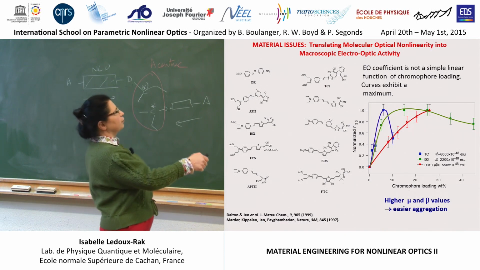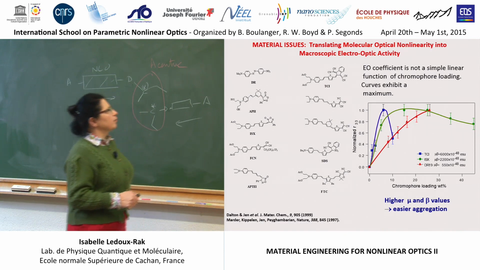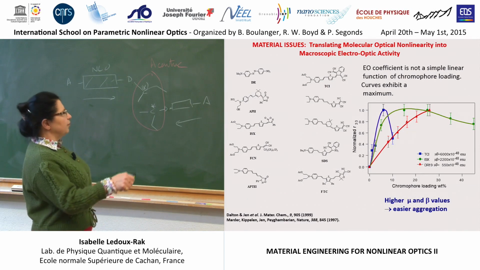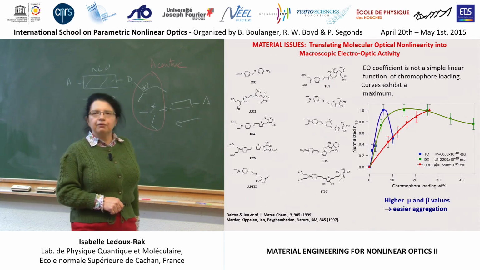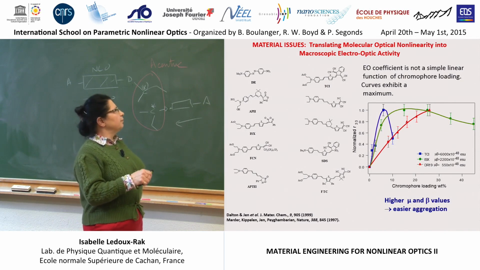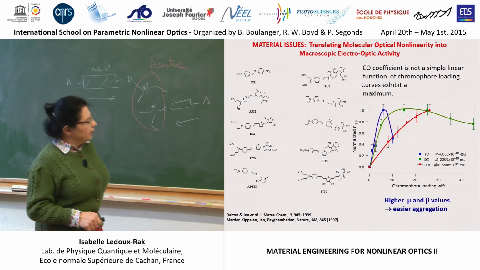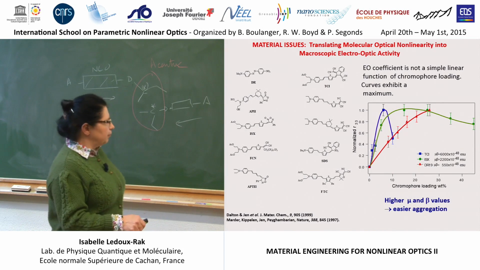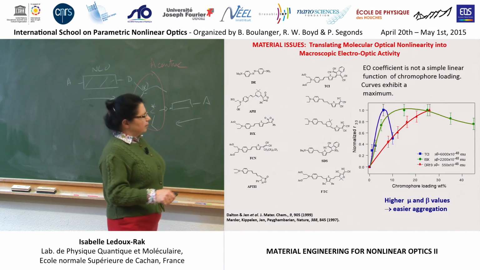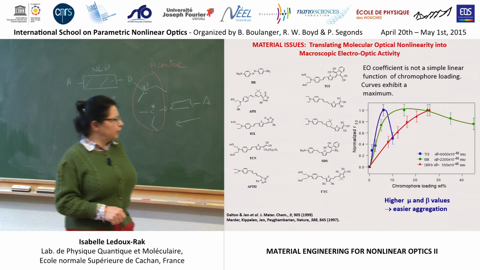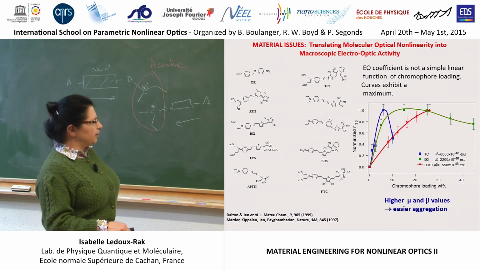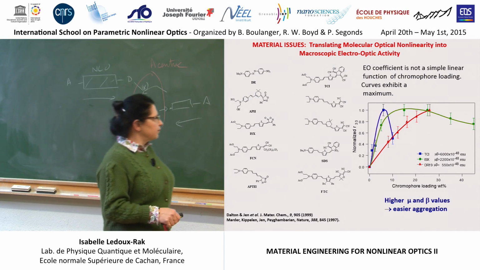So you have a set of various molecules, don't care about the structure, but these molecules have quite different nonlinear response. The weakest is this Disperse Red One. And here people have plotted the electro-optic coefficient in arbitrary units as a function of chromophore concentration, in percentage mass concentration.